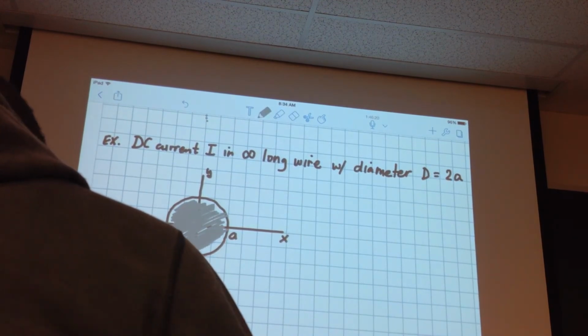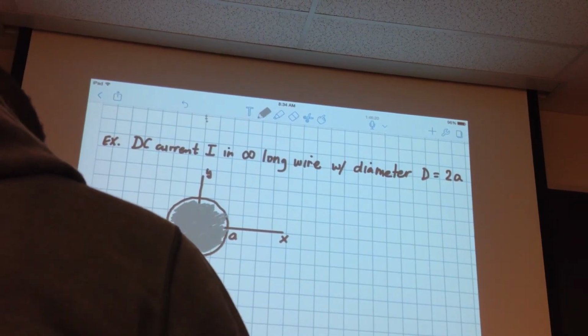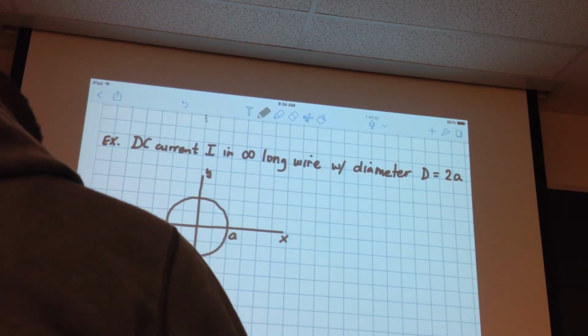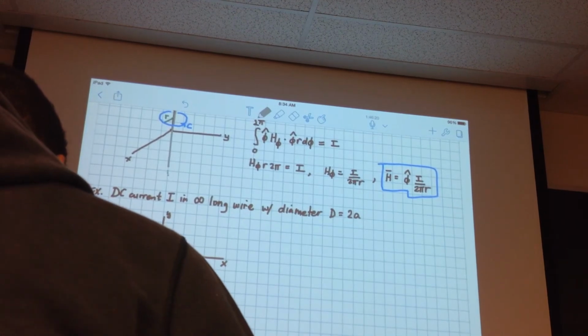All the current is flowing uniformly inside of this interconnector in DC. Think of a solid block of metal with r less than A.